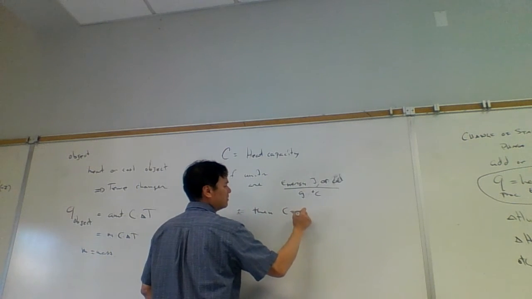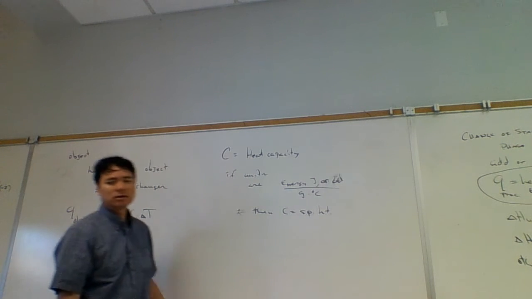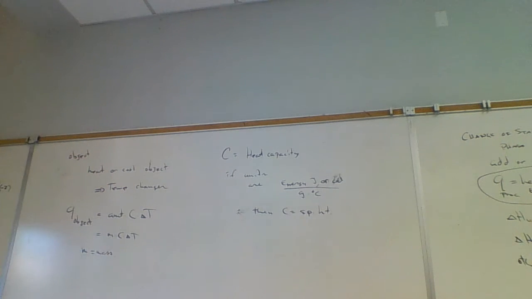C equals specific heat. If the units are in other units like joules per mole or something like that, then we call it molar heat capacity, etc. So we're just going to focus on specific heats here.